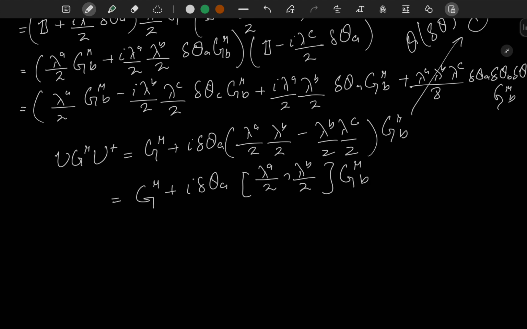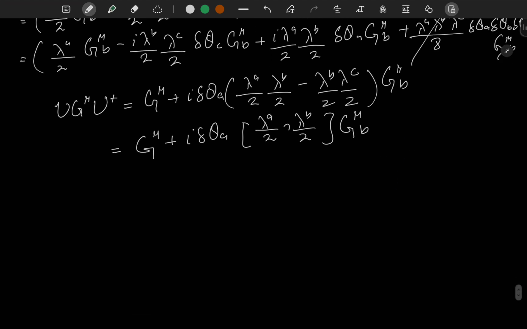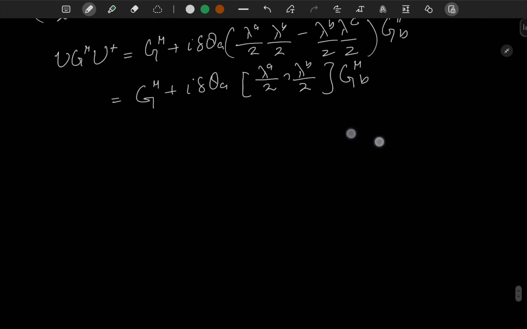And this is all due to the non-abelianity, non-abelian nature of SU3.